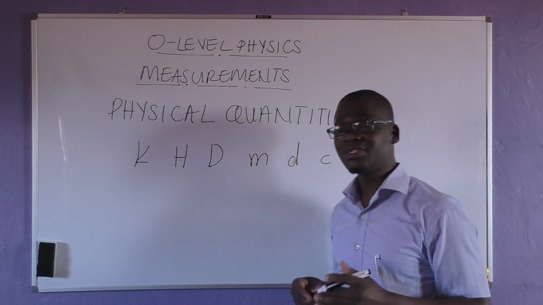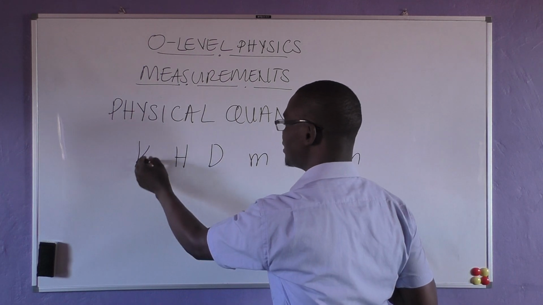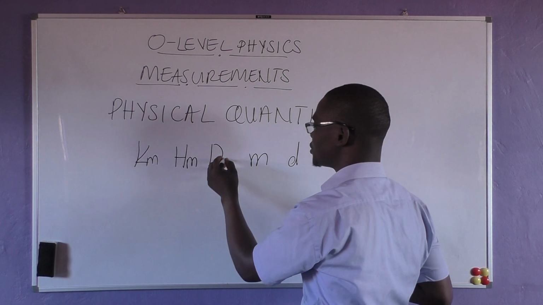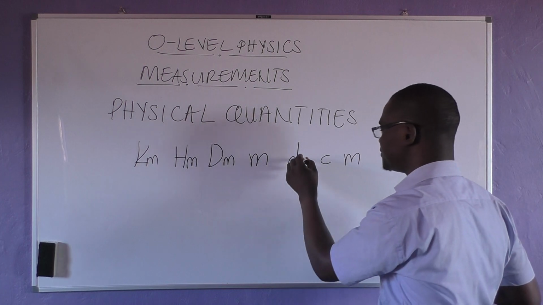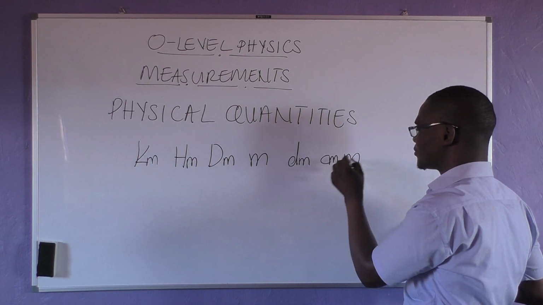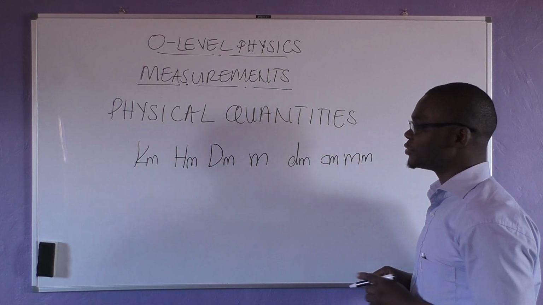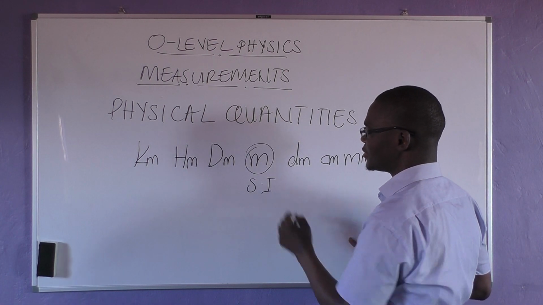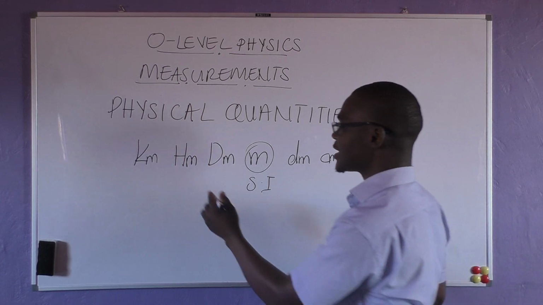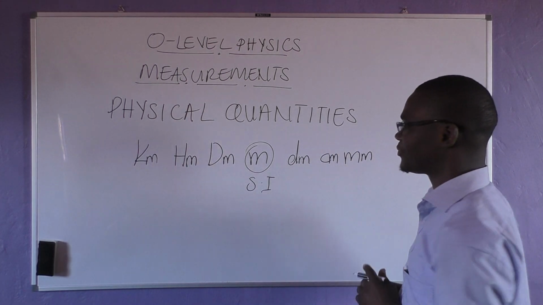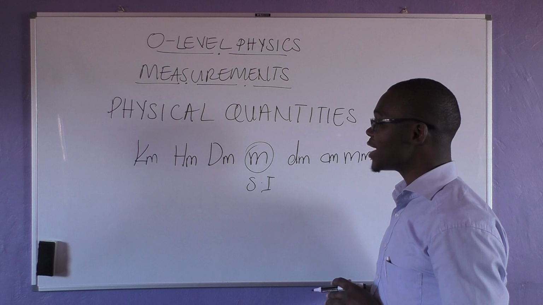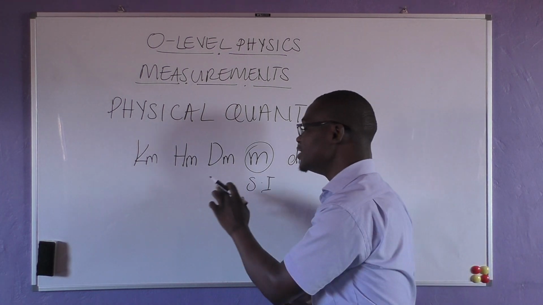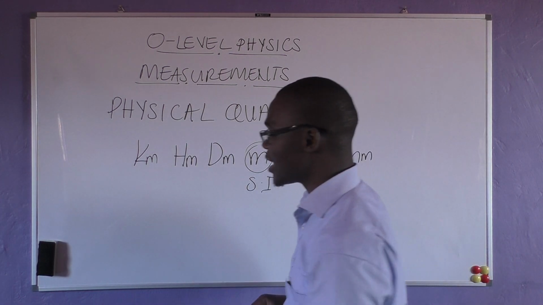And since we are talking about length, we shall put a meter on each, apart from the meter. So this is our SI unit, and these are other units. And therefore, we can convert from one unit to another. This is how we shall read.